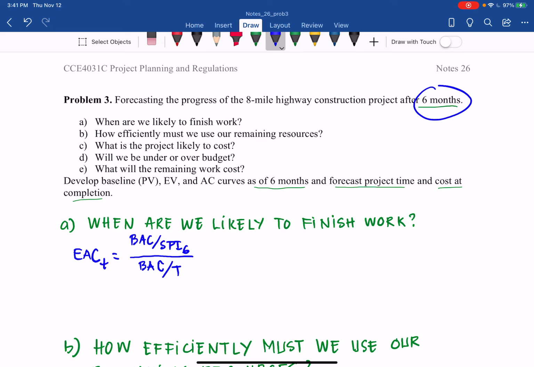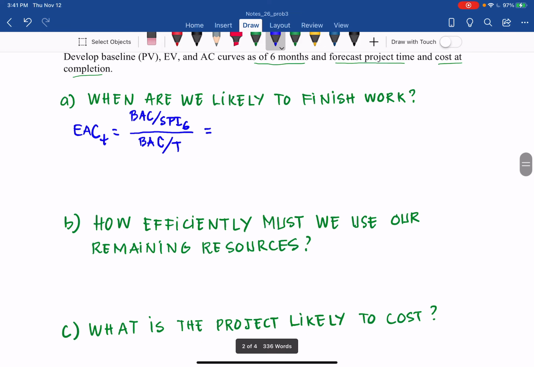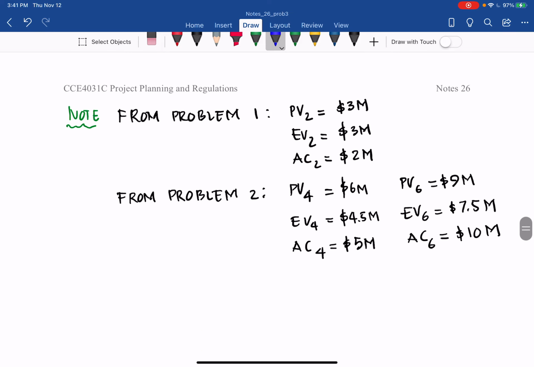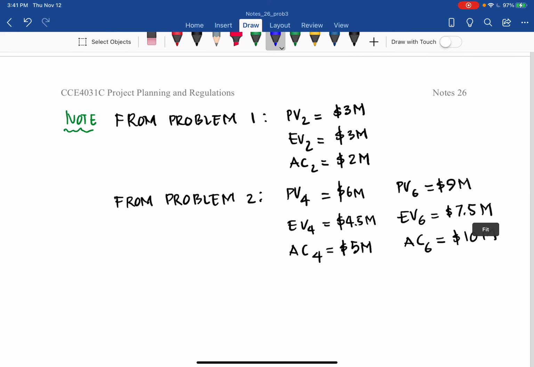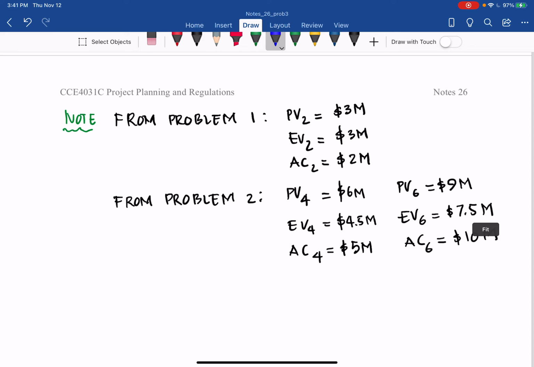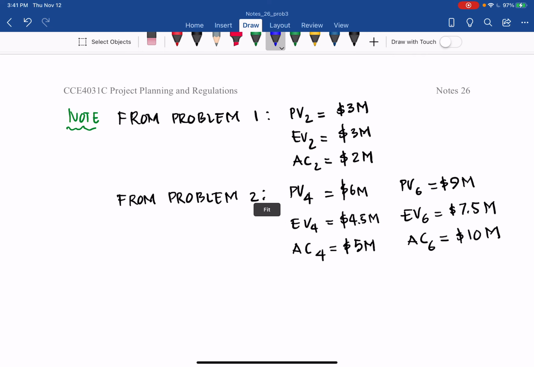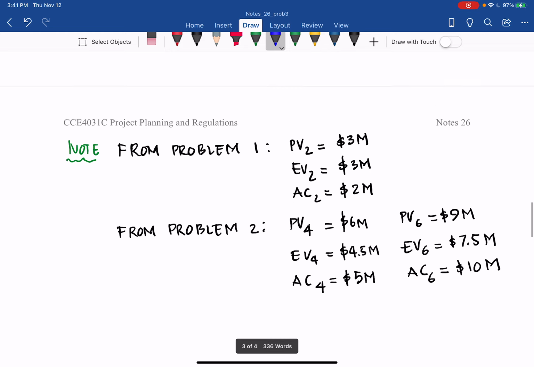And with that, SPI 6 from problem 2, if you recall, SPI 6 equals 0.83 and CPI 6 is 0.75, and this is the number for PV, EV, and AC from problem 1 and problem 2.